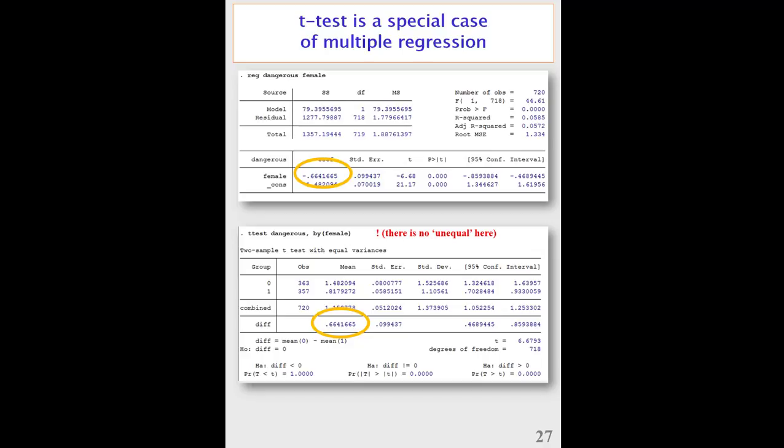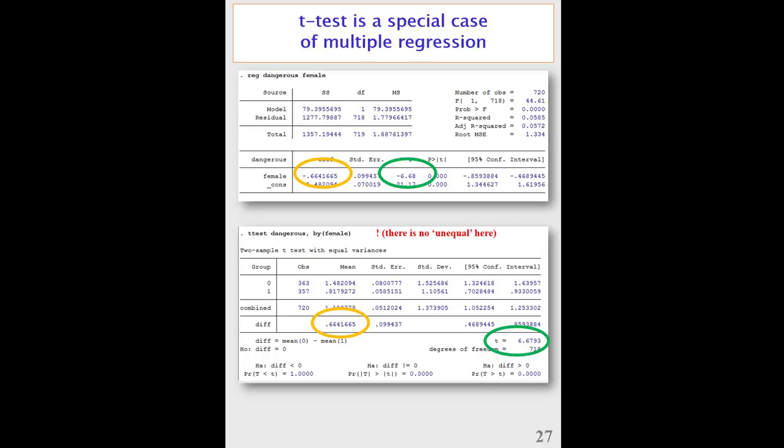First of all, that minus 0.6641665, you exactly see that here too, the difference between the two means, and also the significance test. The test value that we have here is 6.68, exactly the 6.68 that we have over there, and given that these numbers are the same, we also have that the significance values are the same.